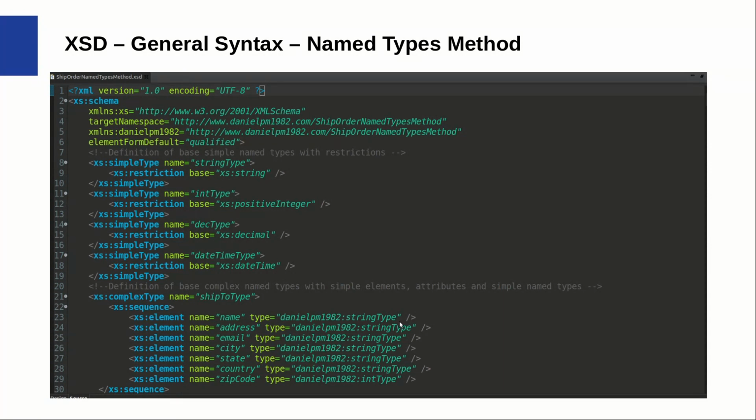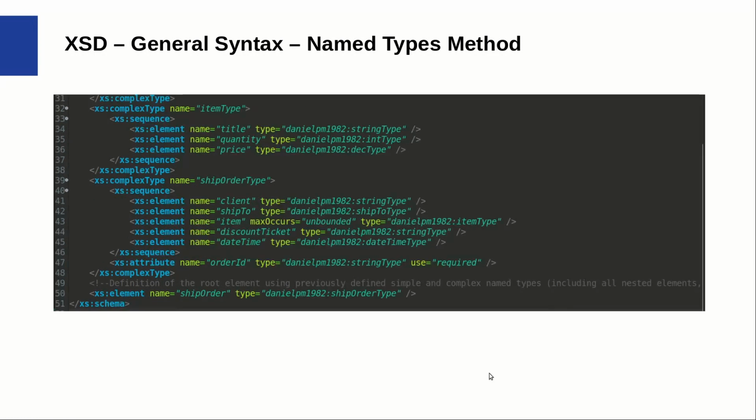Similar to what we've done with the divided method, but in this case using named types instead of named elements, and using the attribute type instead of the attribute ref. The rest is pretty similar.